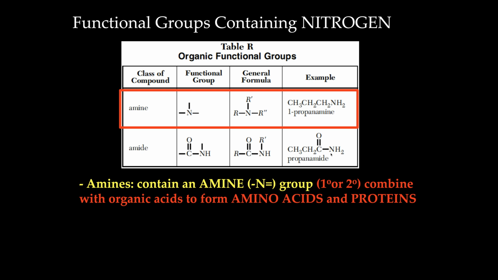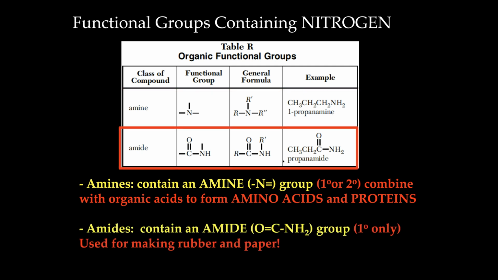So amines contain an amine group. It can either be primary or secondary. Notice there's a number in front. If the example on table R has a number in front, that means you need to use the number when you name the compound. However, if the example doesn't have a number in front, that means you don't use a number when naming the compound. That should make it easier for you.